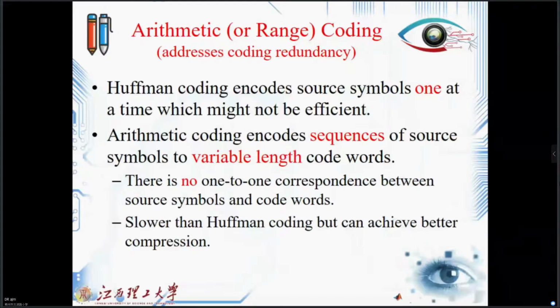Arithmetic coding encodes the sequence of source symbols to some variable length code word. In this method, there is no one-to-one correspondence between the source symbols and code words, and it's slower than Huffman coding, but it can achieve better compression.